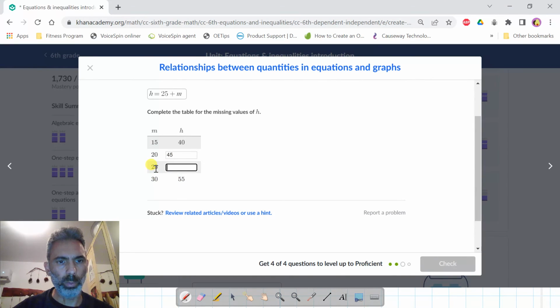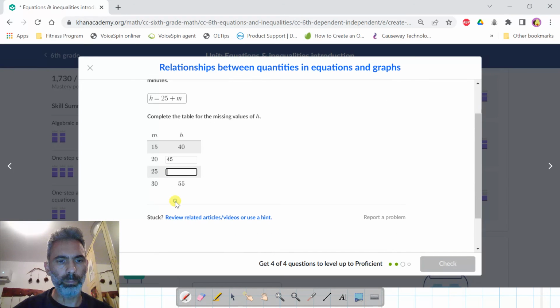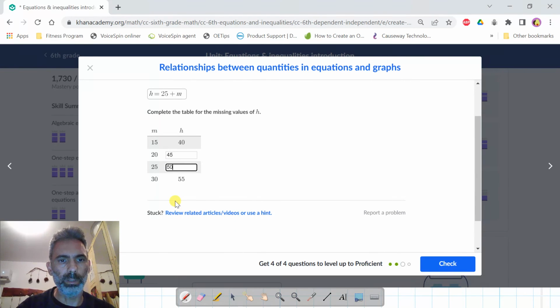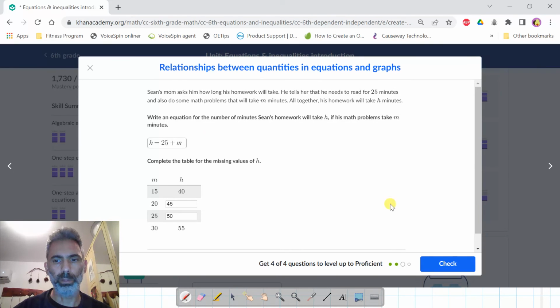And if he spends 25 minutes solving math problems, the total is 50. So here H is the dependent variable, and M, the number of minutes he spends on his math problems, is the independent variable. So H is dependent upon the number of minutes he spends on his math problems.